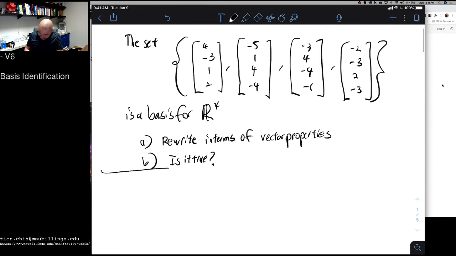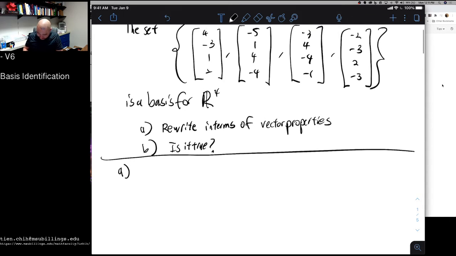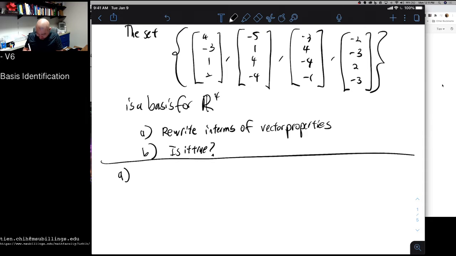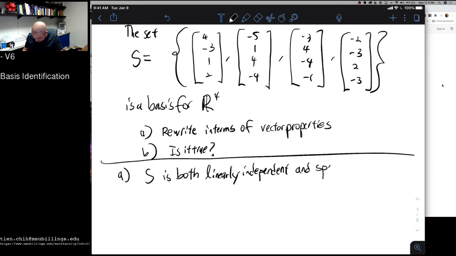What I'm basically saying, if we want to rewrite in terms of vector properties, is, let's give this set a name, S. S is both linearly independent and spans R4.